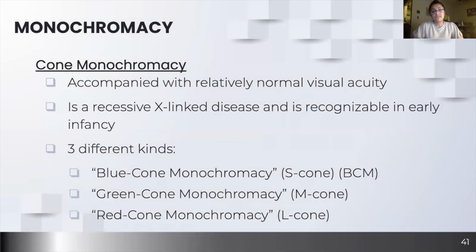Cone monochromacy is accompanied with a relatively normal visual acuity. It's a recessive X-linked disease and is recognizable in early infancy. And there are 3 different kinds. Blue cone monochromacy, which is S cone BCM, is the most common form, and green cone monochromacy and red cone monochromacy.